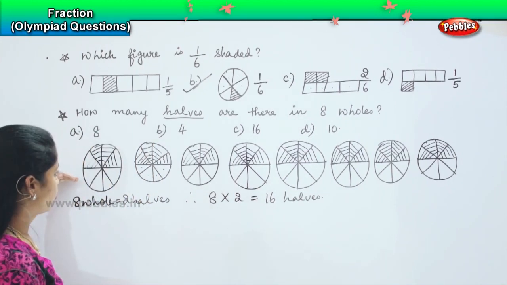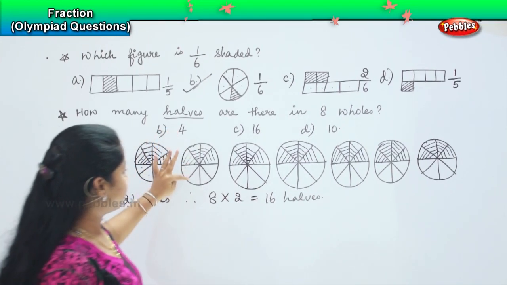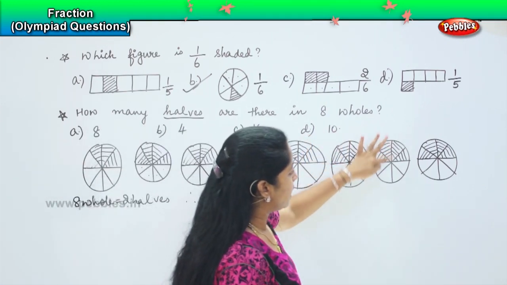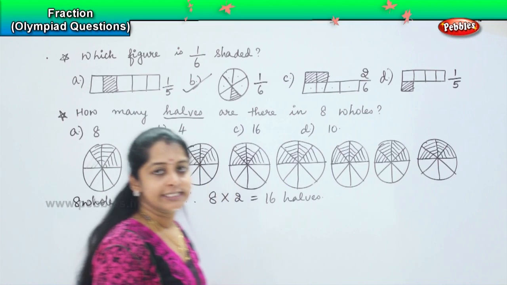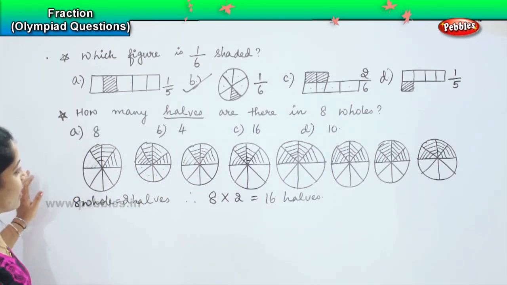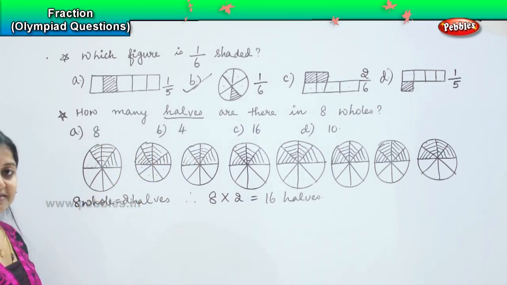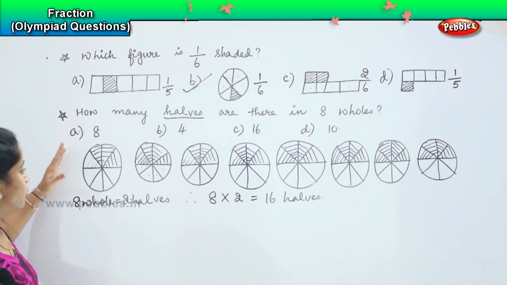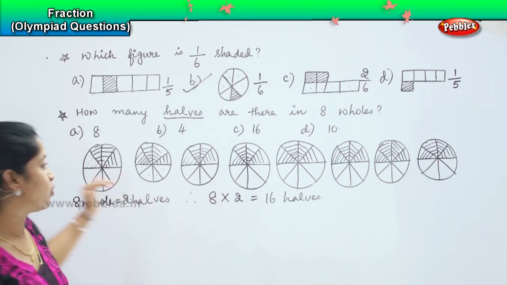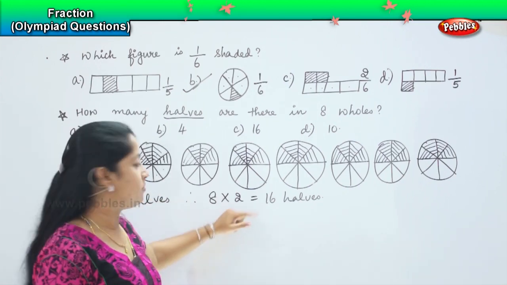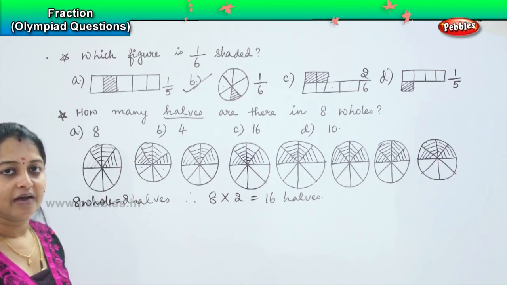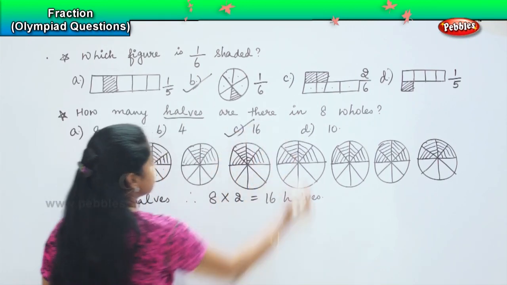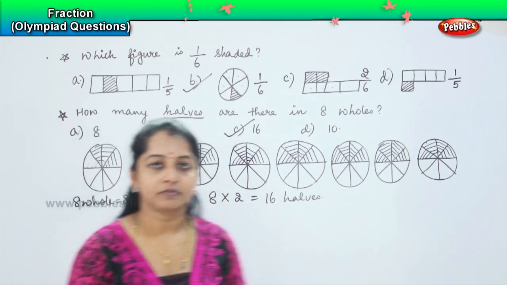See here, 1, 2, 3, 4, 5, 6, 7, 8, 9, 10, 11, 12, 13, 14, 15 and 16. So one circle itself makes 2 halves, right? So similarly 8 into 2. So for 8 circles how many halves will be made? It will be 16 halves in 8 wholes. Where can you find it? It's option C, 16. Are you clear?